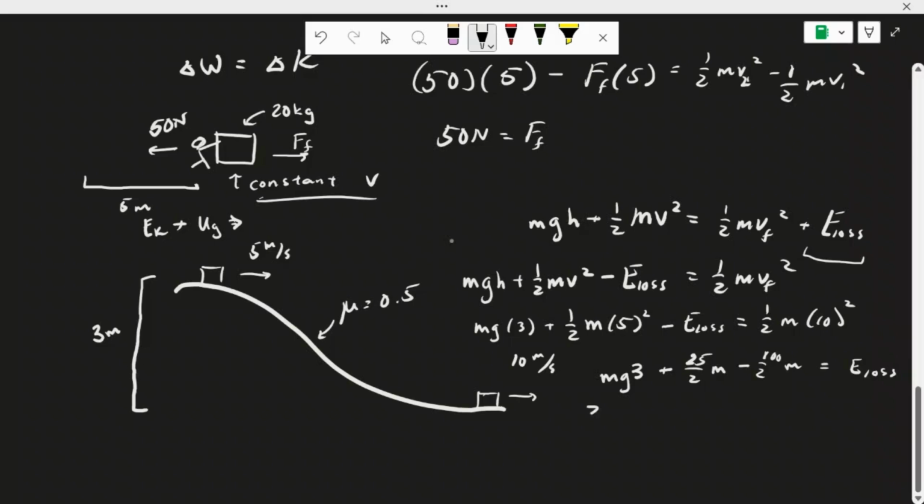So then I'll get 30 m plus 25 over 2, which is 12.5 m, minus 50 m equals E loss.